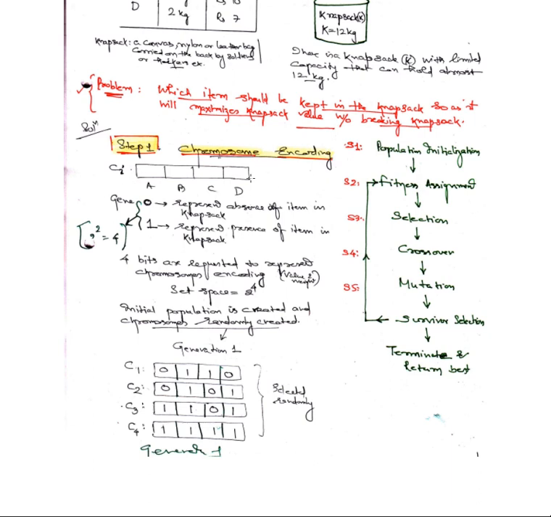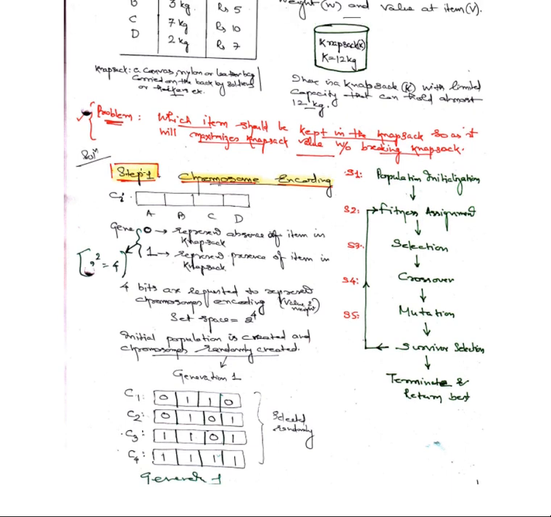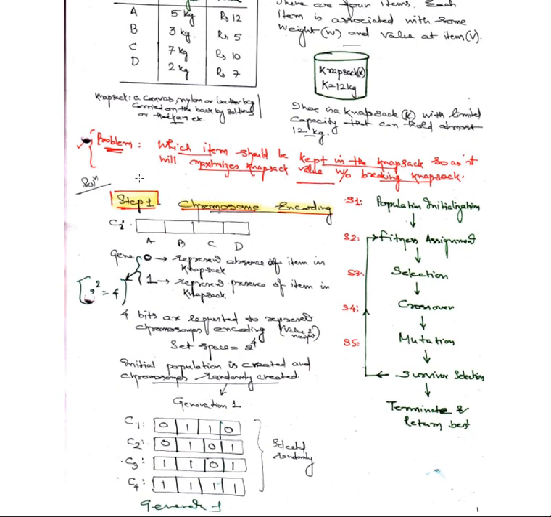Here we are taking a population of A, B, C, D, which we create in terms of 0, 1, 1, 0, 0, 1, 0, 1, 1, 1, 0, 1, 1, 1, 1, 1. How is it created? Based on this, we are taking the 5 kg and converting it in the form of binary.